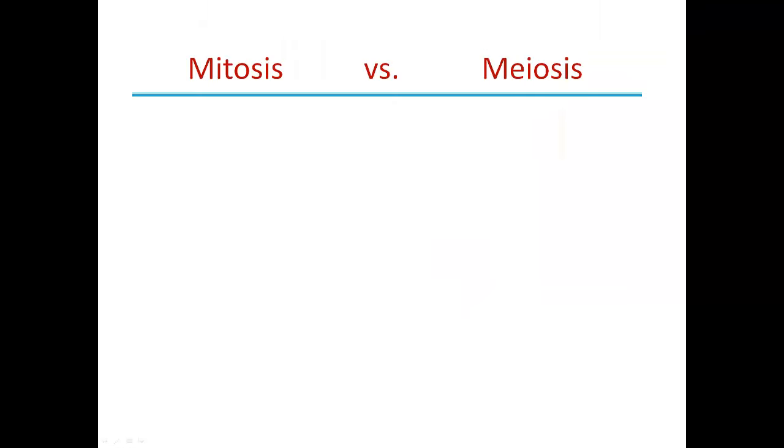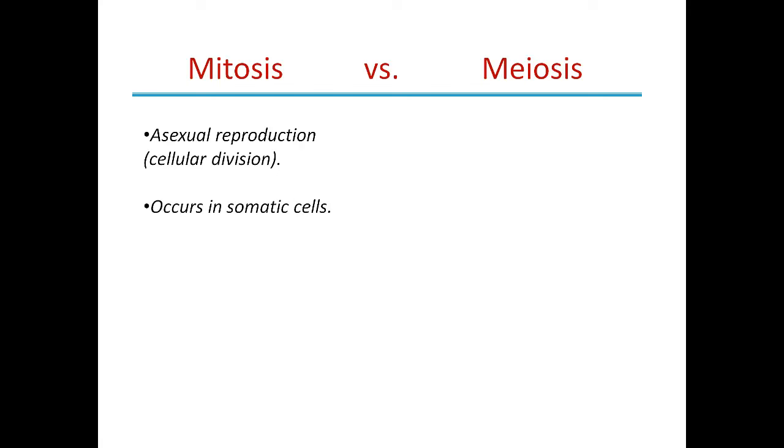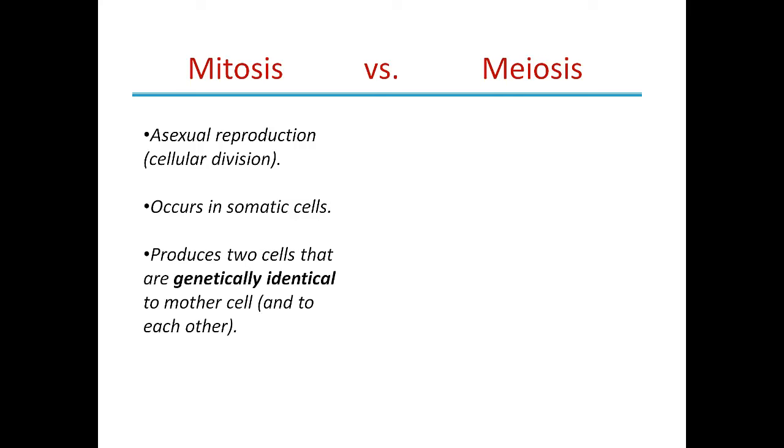So to summarize the important points of mitosis, first of all, mitosis is asexual reproduction, just the division of a cell, and this occurs in somatic cells, and a somatic cell is pretty much any tissue that is not a germ cell, which is an egg or sperm producing a gamete. And the products of mitosis are two cells, and those two cells are genetically identical both to each other and genetically identical to the mother cell that produced them.